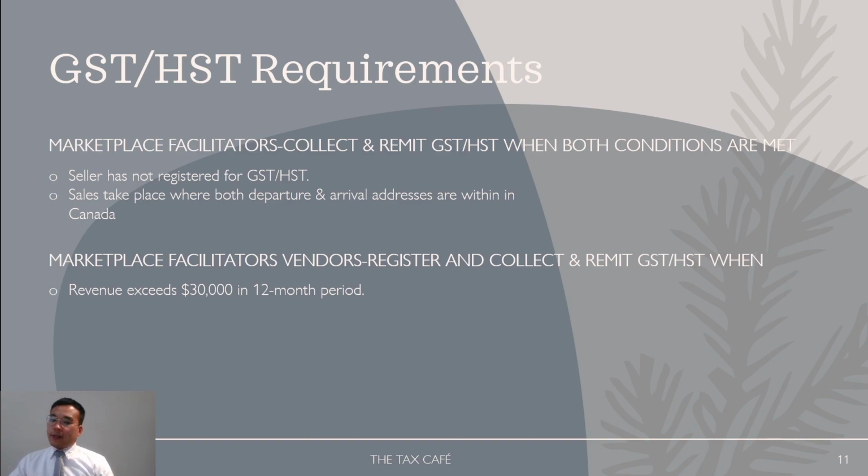So if you're selling something and that product is coming from fulfillment centers located outside of Canada to consumers in Canada, then there's no GST or HST applied on this sale. It is important to make sure that both departure and arrival addresses are located in Canada. Again, this talks about the $30,000 revenue threshold.